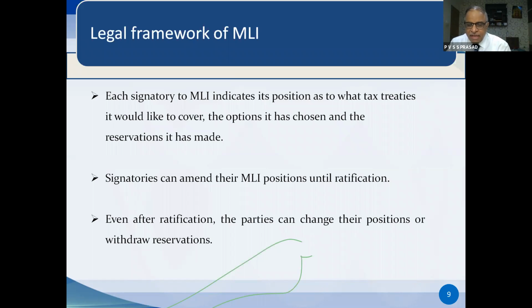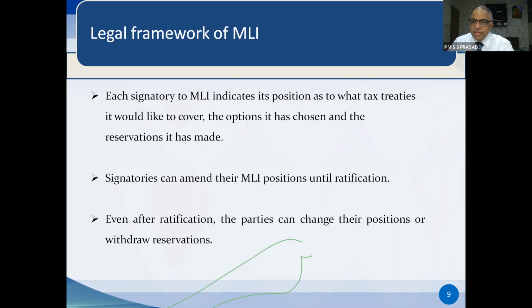Having signed the MLI, having brought the required amendments to the existing treaty, in future the treaty partners are always at liberty to negotiate, to renegotiate and bring any sort of amendments they would like to bring, except the minimum standards. Treaty partners themselves would not try to disturb minimum standards because minimum standards are going to help them collect legitimate tax revenues. They are not going to compromise on that. The other options they have taken through the MLI can always be modified or altered in future through bilateral negotiations.